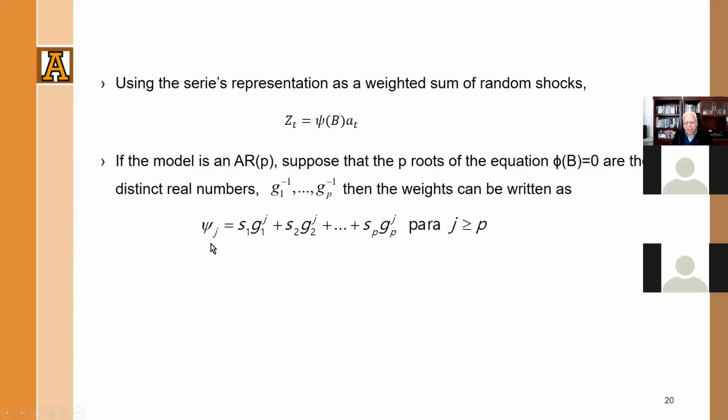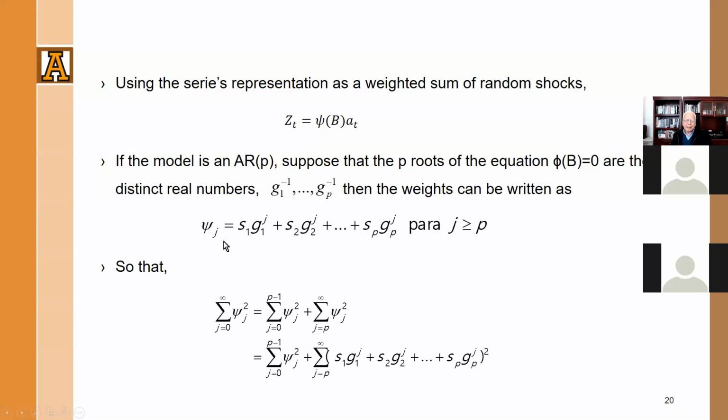Psi j would be equal to s1 g1 to the j plus s2 g2 to the j, up to sp gp to the j, where the g's are the ones from the polynomial that were used to represent it as a product of p polynomials of order 1. Then the weights can be written as this equation.